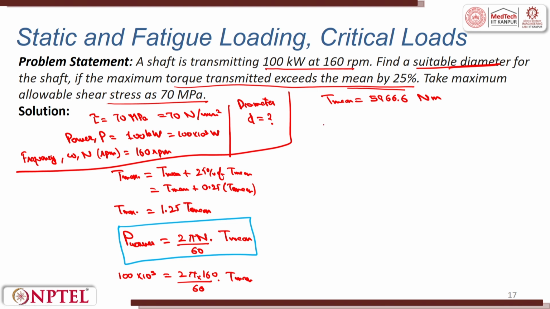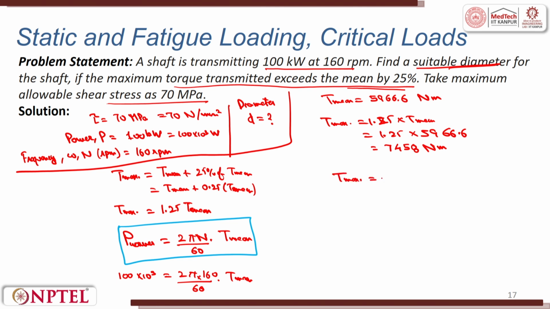Now, maximum torque transmitted is equal to 1.25 into T mean, which is equal to 1.25 into 5966.6, which is equal to 7458 Newton meter.